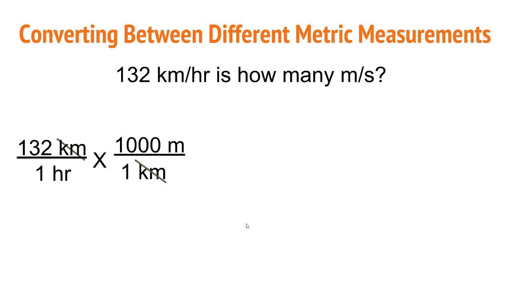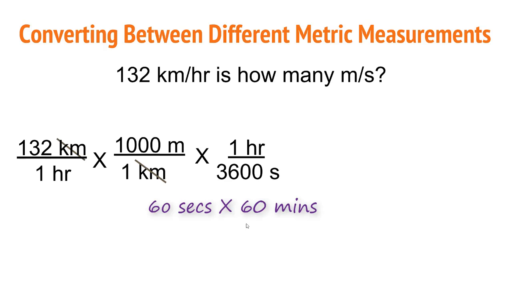And then I'm going to multiply by my time conversion. I know that 1 hour is equal to 3,600 seconds. There are 60 seconds in 1 minute and 60 minutes in 1 hour, so that's why you have to go 60 times 60 to get the 3,600 seconds. I put the hours on top because I want to cross reduce the hour units, one on the numerator, one on the denominator.